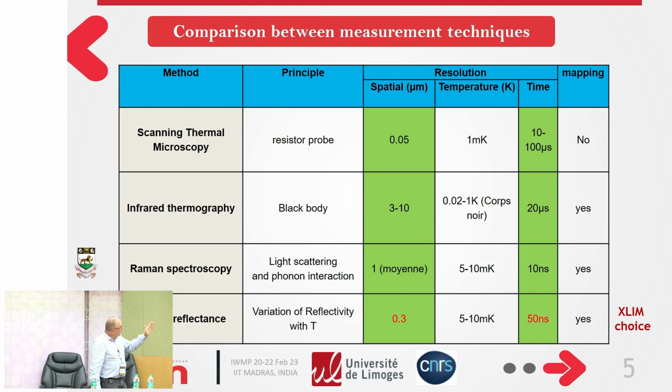Each of the techniques has some good resolution, but if you want to perform time domain measurement, you can use either Raman spectroscopy or thermoreflectance. At XLIM, we have made the choice of thermoreflectance.